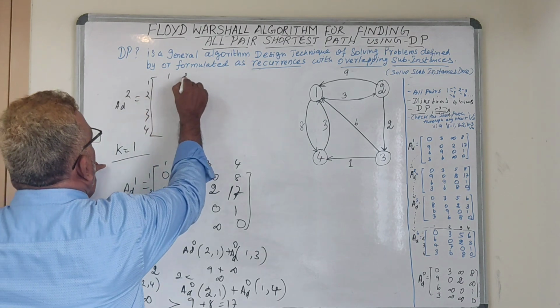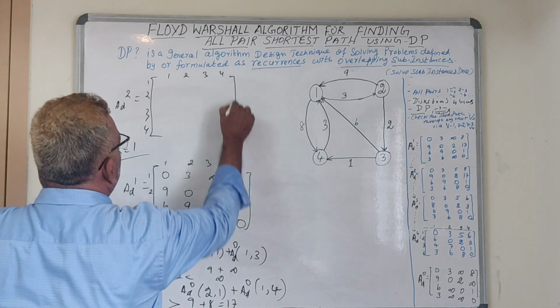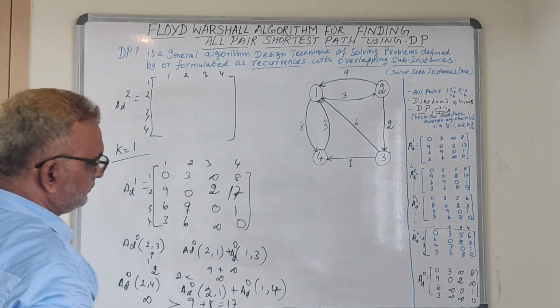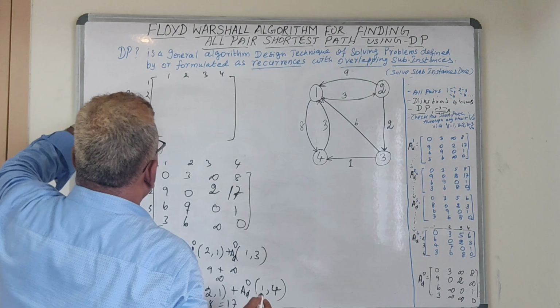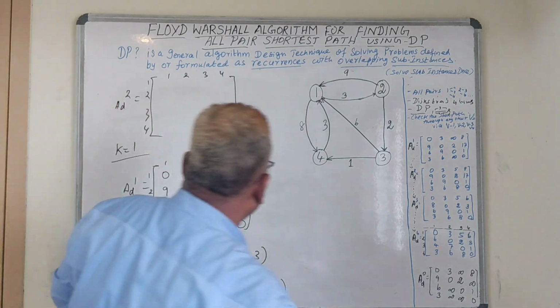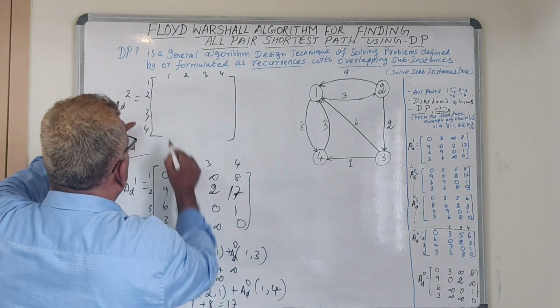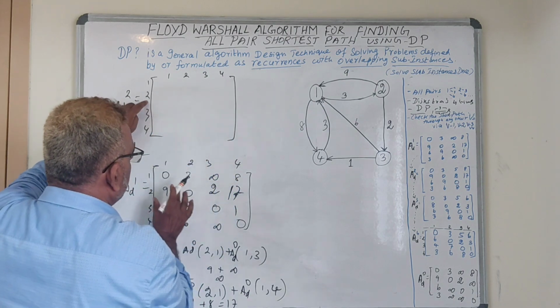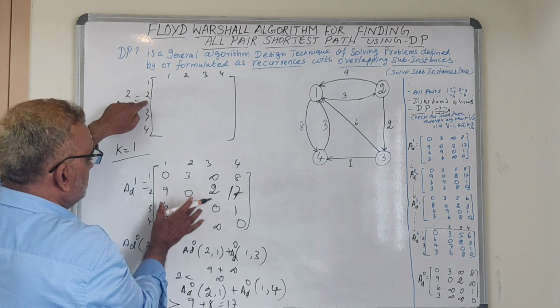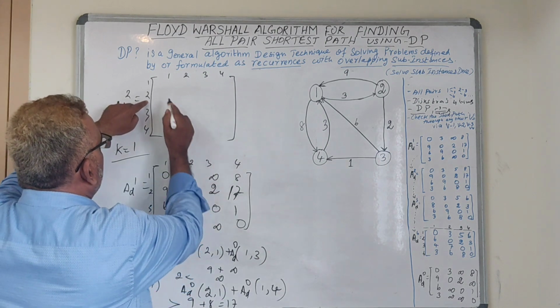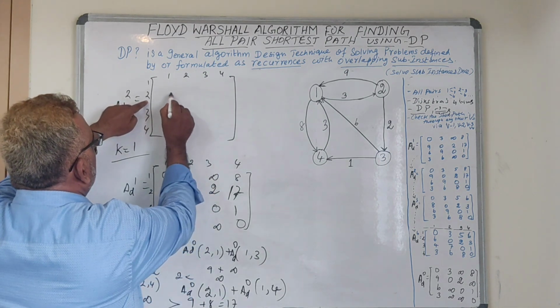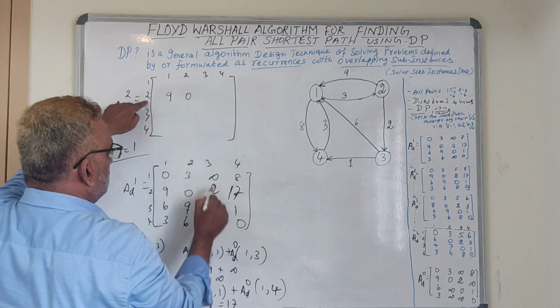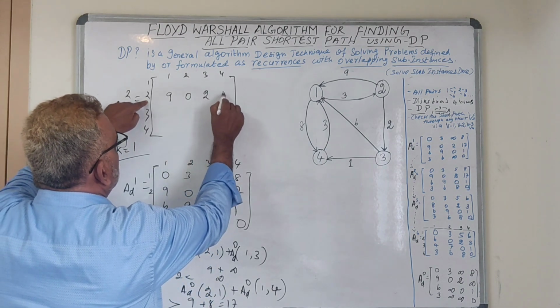Okay, so for that I need the values of this AD1, right? For the calculation, the second row and second column must be kept intact as they are in AD1. You have to write the values. It is 9, 0, 2, 17.